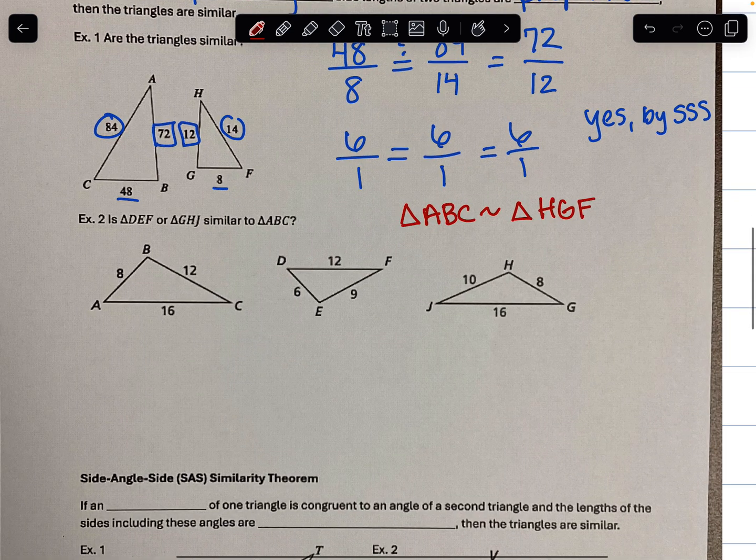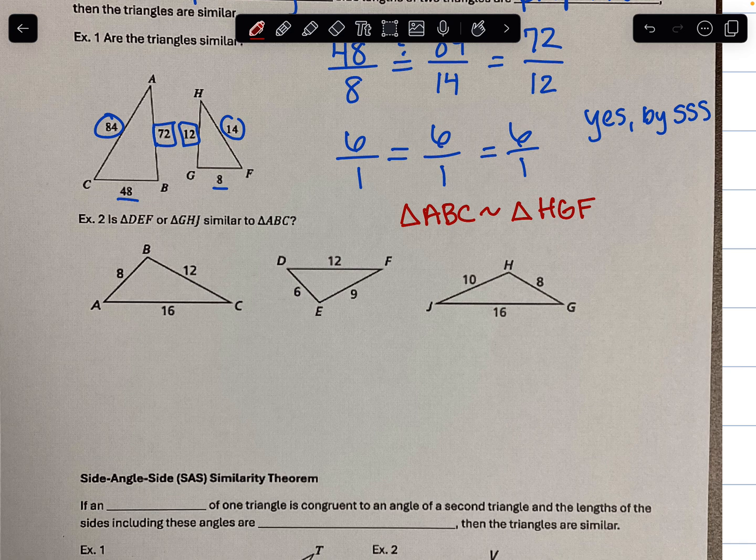All right. Same thing on example 2. Example 2 gives you triangle ABC, and it asks, is DEF or GHJ similar to the first one? So how many times are we going to have to check this? Twice. So let's start underneath with DFE.